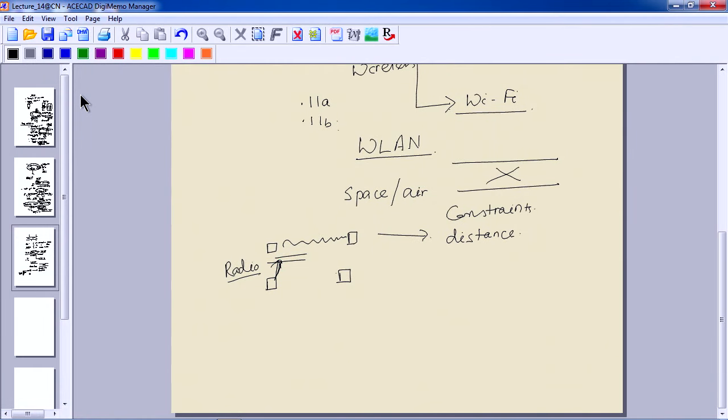When the physical cables were there and this transceiver was connected to the cable, you had abundant bandwidth, and this cable took care of the length or the distance. As long as the cable is connected, your nodes are connected and you can transmit to any length, 1000 miles or so, if you have the cable traced for that.